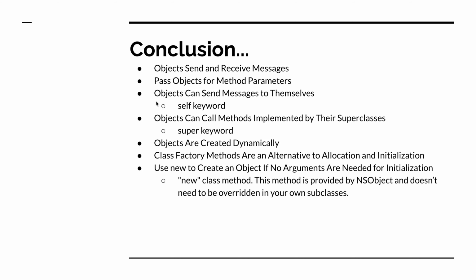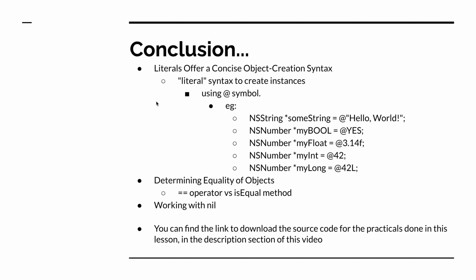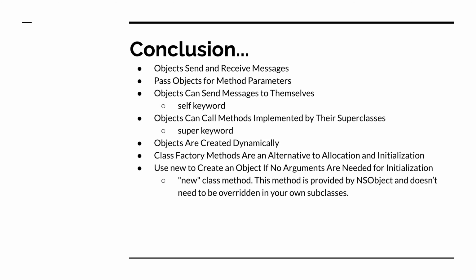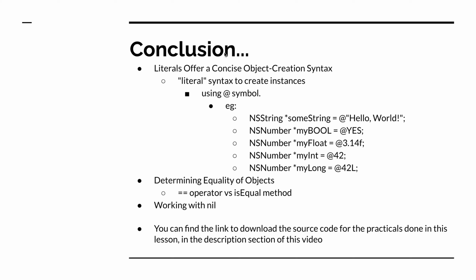Let's say the third bullet point: using the self keyword to send messages within the class itself. Next, using the super keyword to call the methods of the superclass. Then using factory methods and the new class method instead of alloc and init. Then the literal syntax to create instances, a shortcut way of creating instances.